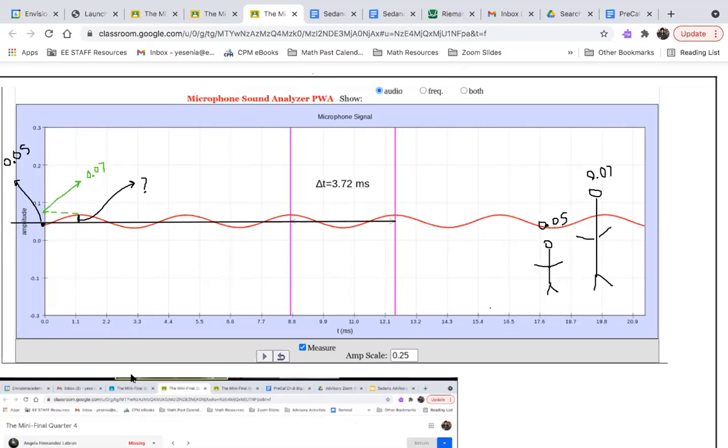So for everyone here, you want to double check if you found your amplitude correctly. Subtract the midline number from the maximum. That's correct. So Angela, your amplitude, your A term is going to be 0.02. And that's how you get your A.